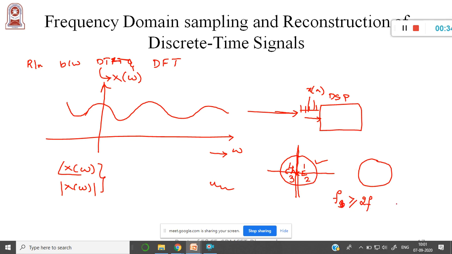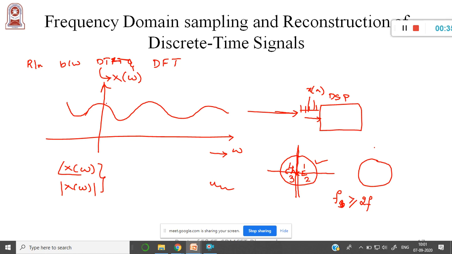That is what you have learned in your communication subject. So if I want to sample a simple signal, I need at least two times that particular frequency, right?